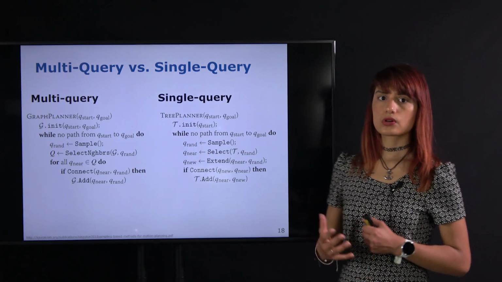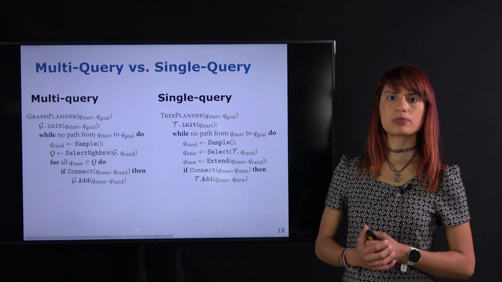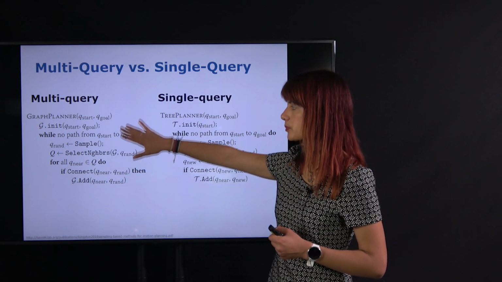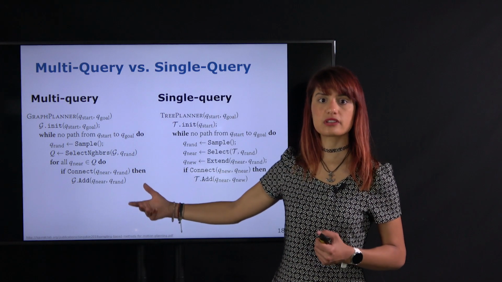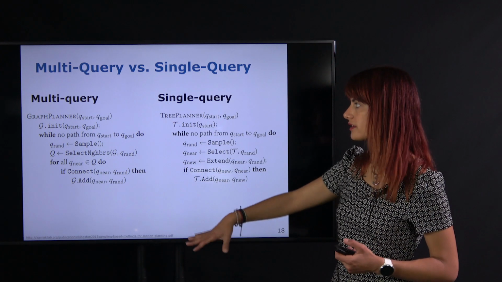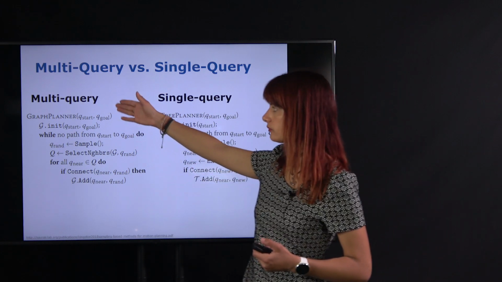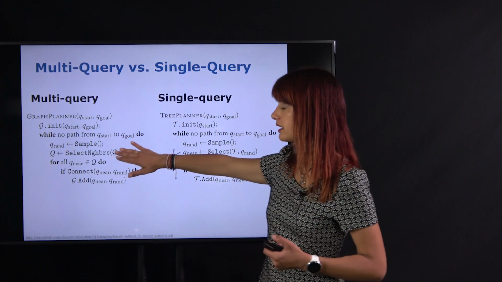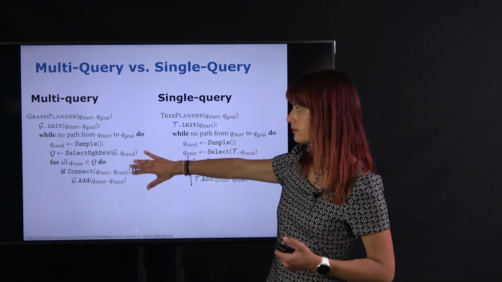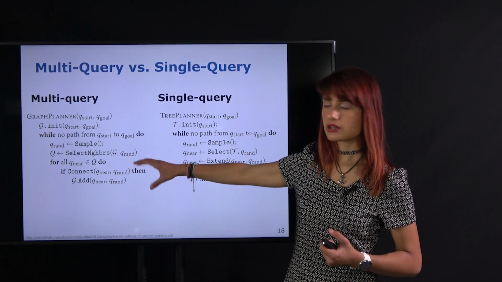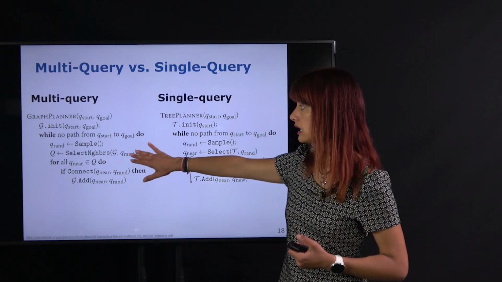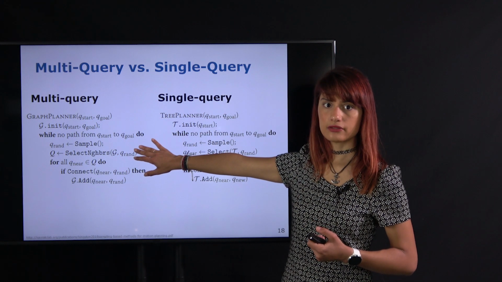So here's a pseudocode of how multi-query compares to single query. This is just putting procedural steps on the images that we saw in the previous slides. The multi-query or graph-based planner effectively samples, then uses some logic to figure out the connectivity between the new sample and the existing nodes in the graph or the roadmap.